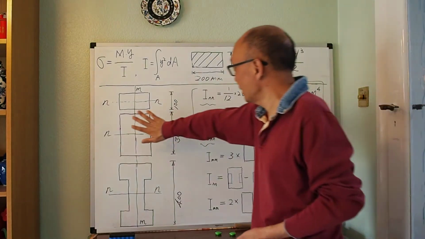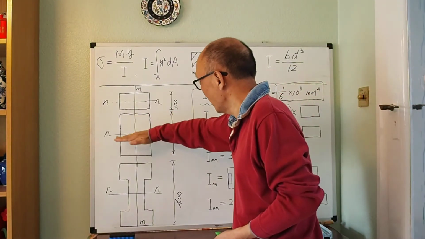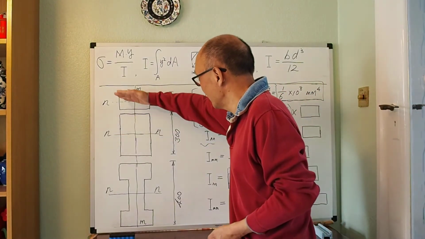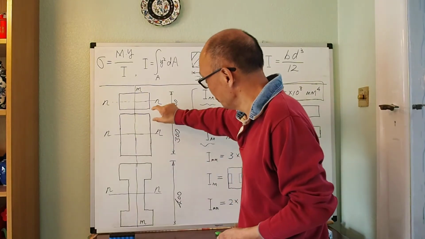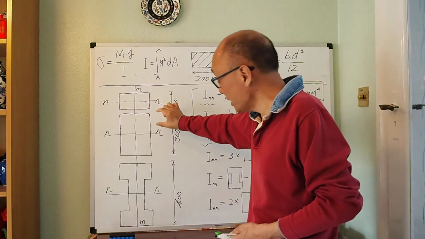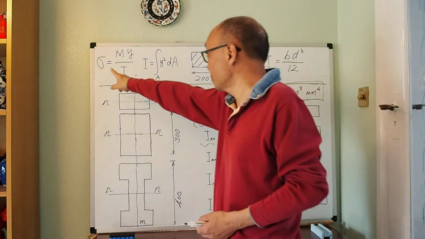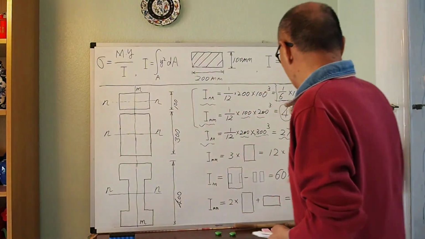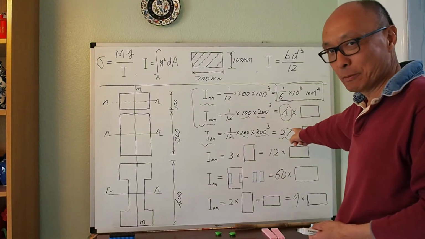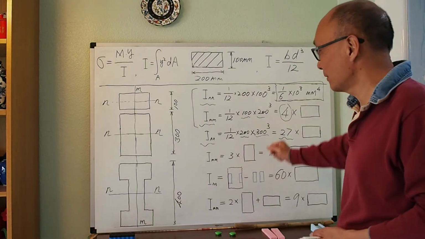Yeah? So if this beam bends this way, and this beam bends this way, you use 3 times more material, but you reduce the stress by 27 times. So that's a big difference, right?